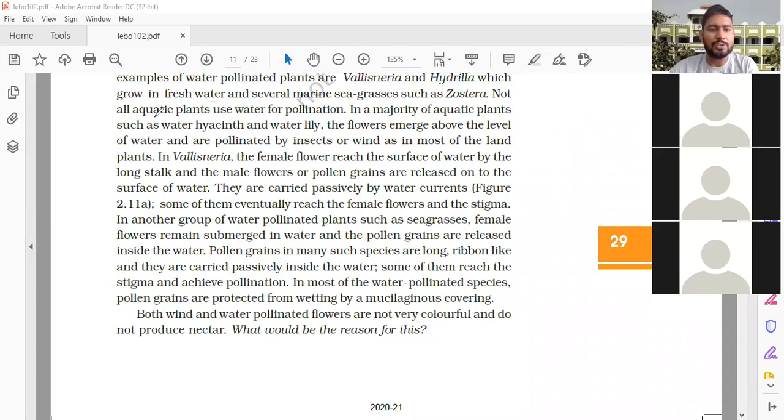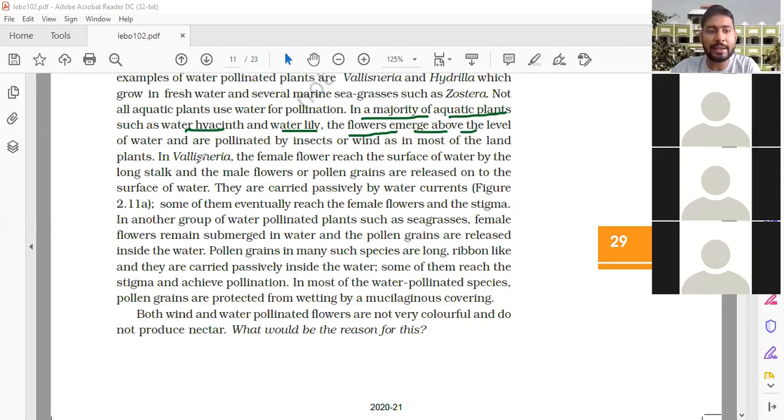Now you can see, not all aquatic plants use water for pollination. In the majority of aquatic plants, such as water hyacinth and water lily, which I told you, the flowers emerge above the level of water.